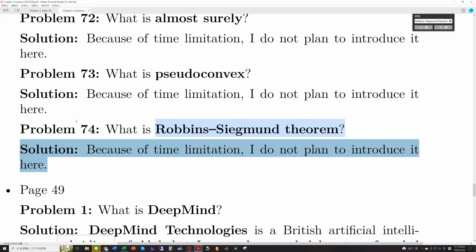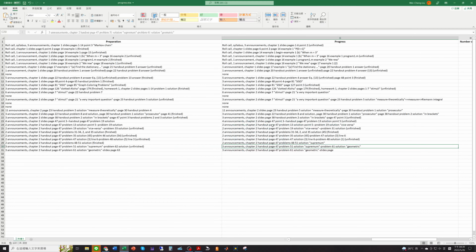So finally we have finished looking at the handout of page 47. You can see that we have spent 1, 2, 3, 4, 5, 6, 7, 8, 9, about 9 classes to explain page 47 of the slides.